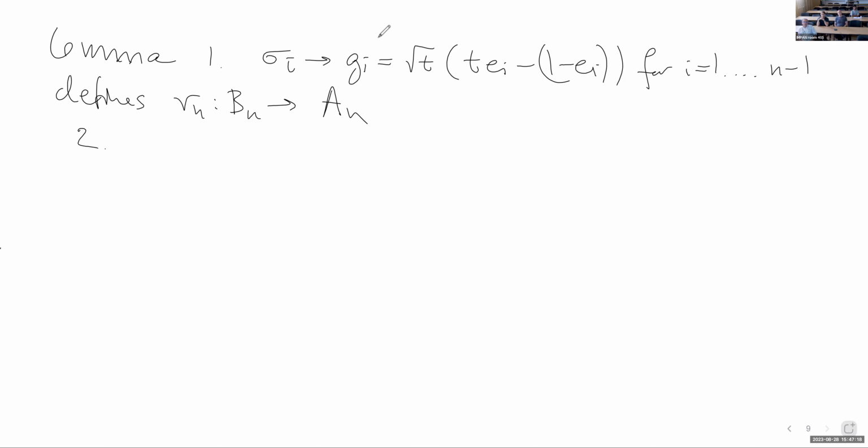Okay. So second of all, in terms of tangles, it defines a group homomorphism.